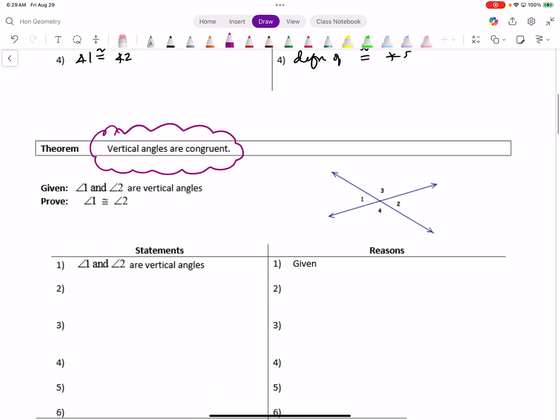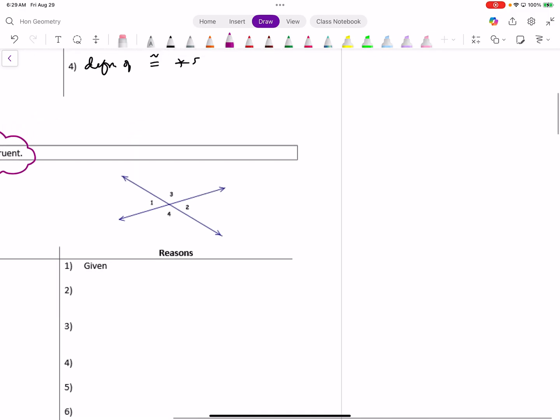Okay, so angles 1 and 2 are vertical angles, so that's our given. And we should probably talk about the particular definition of vertical angles. So we'll put this over here.